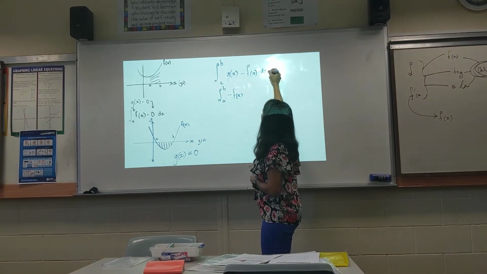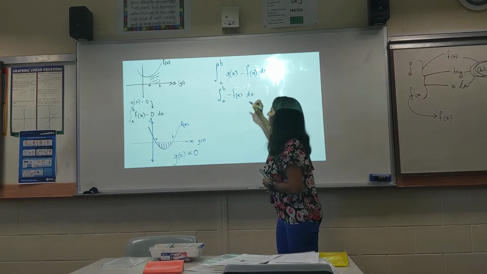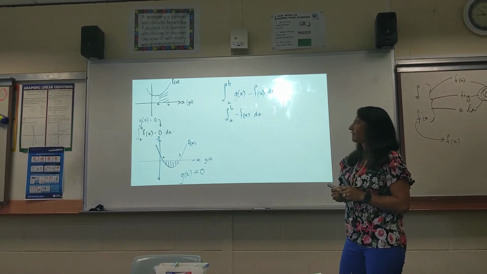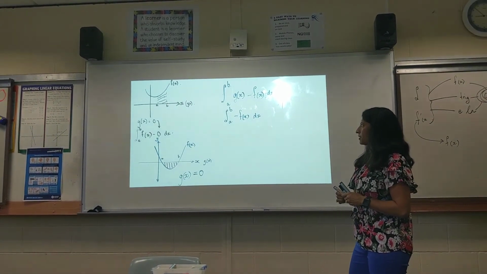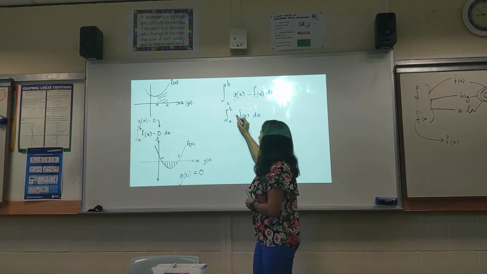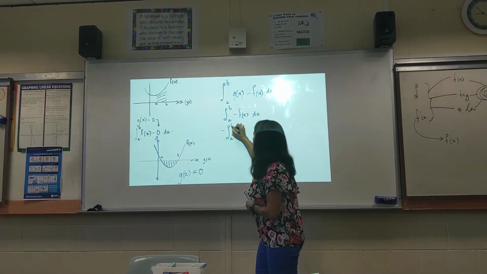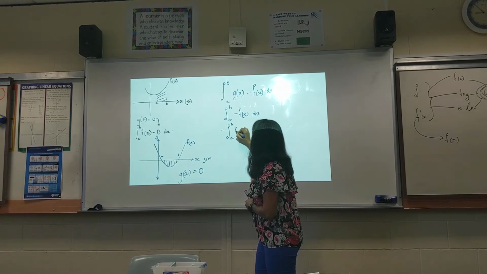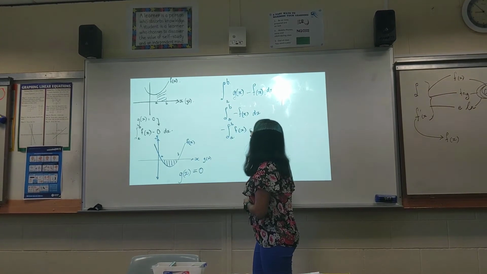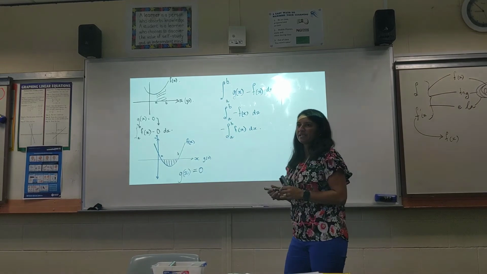Oops, got it, dx. And in order to integrate my function, I'm going to take that negative, put it outside of my integral sign, and what do I end up with? The negative of the integral of f of x dx.